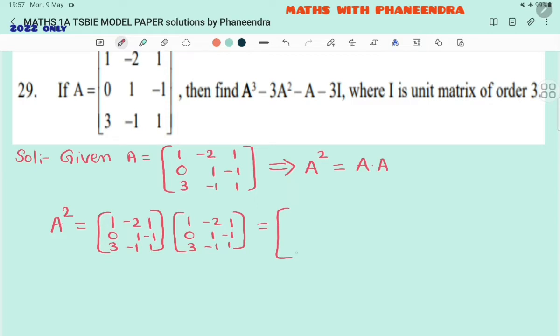So actual multiplication. First row, first column: 1 into 1, minus 2 into 0, 1 into 3. Next, first row, second column: 1 into -2, -2 into 1, 1 into -1. Then 1 into 1, 1 into -2, -2 into -1, 1 into 1.